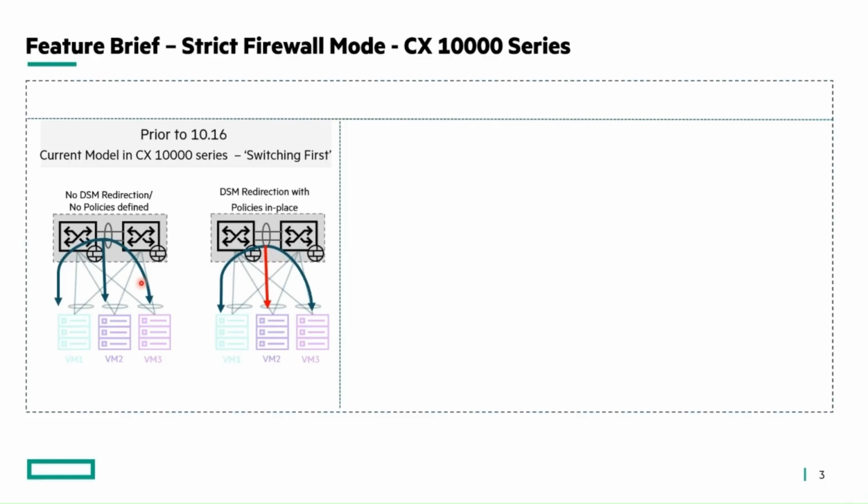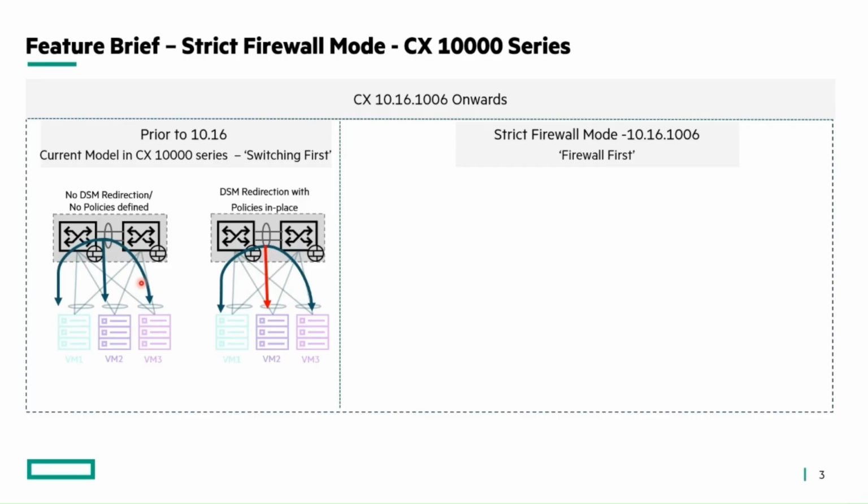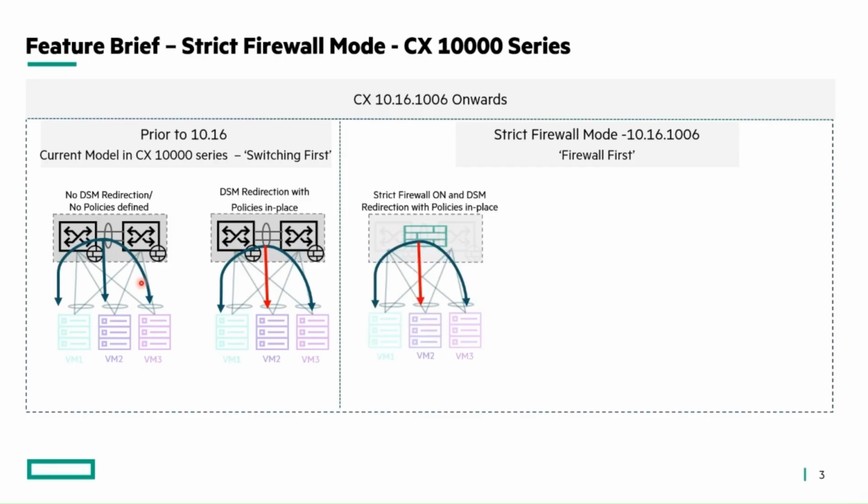Switching first. With strict firewall mode in 10.16.1006, we are saying it is firewall first. It's not the default. Let's say you choose that command which I showed you in the previous slide. Strict firewall is on, and you have DSM redirection with policies already in place. So it's a brownfield scenario. If you already have a security policy defining that VM1 should talk to VM3 and not VM2, then that is possible because you can continue to do that.